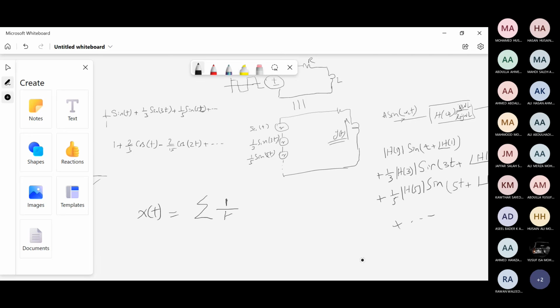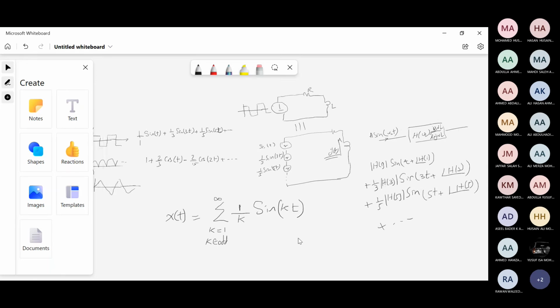So 1/k, I can write k, equal to from 1 to infinity, but k belongs to odd only, 1, 3, 5, and so on, multiplied by sine. Here we have 1, 3, 5, so it is k multiplied by t. So this is the input in general.